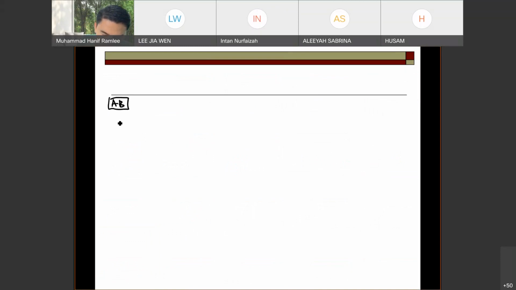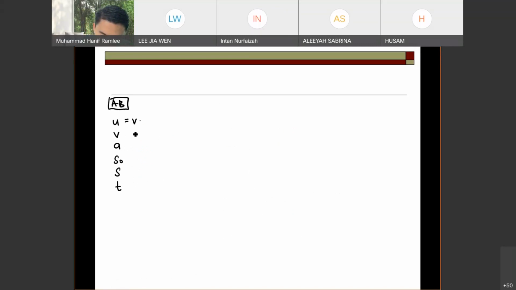So you have to determine U, V, A, S, S naught, and the last one is T. Okay, six values, either unknown or known. So from A to B, the U, the initial one, should be V naught.